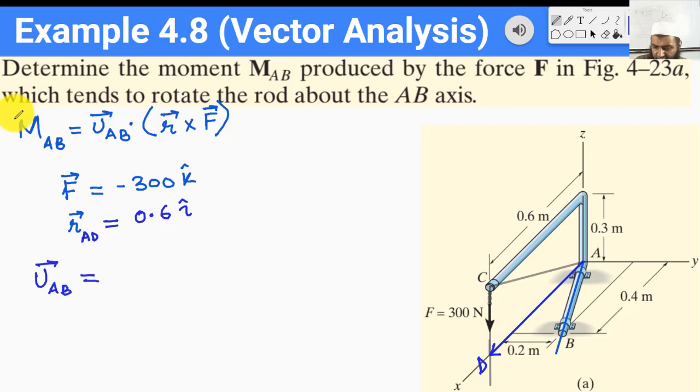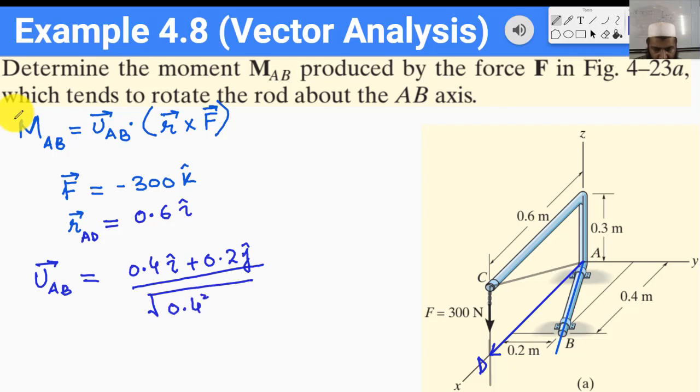And so what is this unit vector going to be? We know that the x component of this vector is 0.4, so 0.4 I hat plus 0.2 j hat, and then we divide by the magnitude of this vector to make it a unit vector.